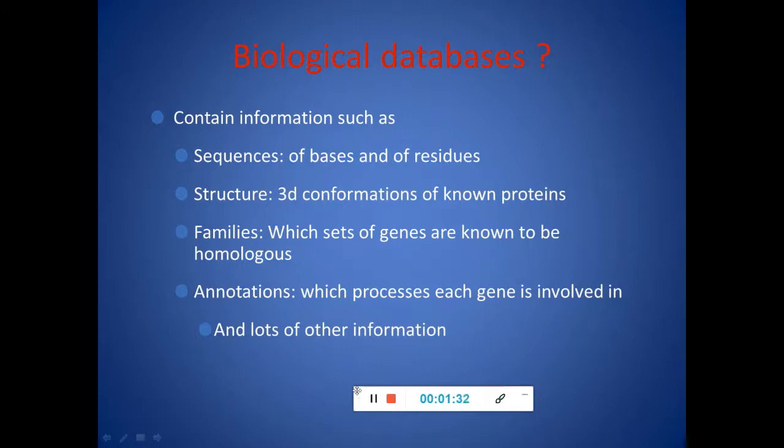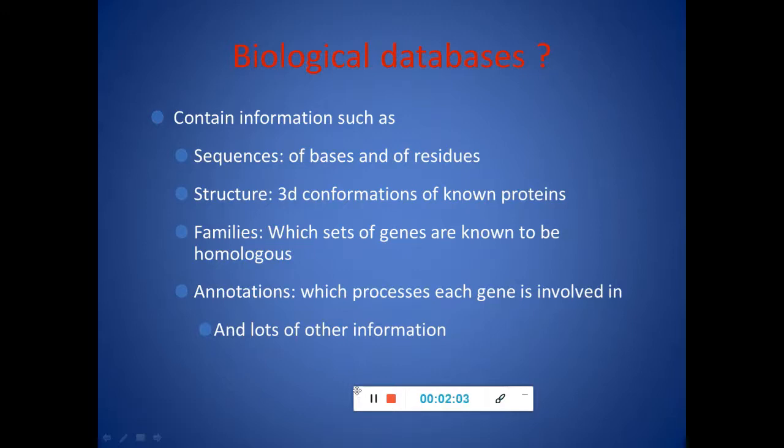Other than nucleotide sequences, even at gene levels, you can store the information. Are the genes being found to be homologous in nature? Which are the family of genes which have been present in a chromosome? All those informations come under biological informations. Other than that, when you get a nucleotide sequence, of course it contains so many nucleotide bases, but at the same time we can also analyze what are the genes there.